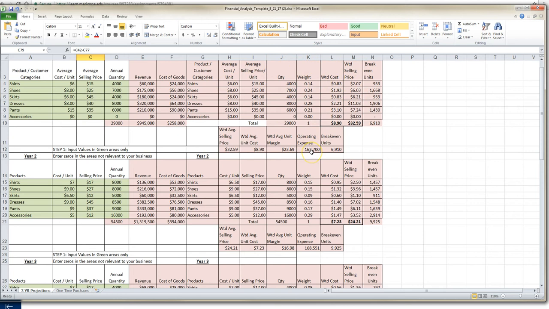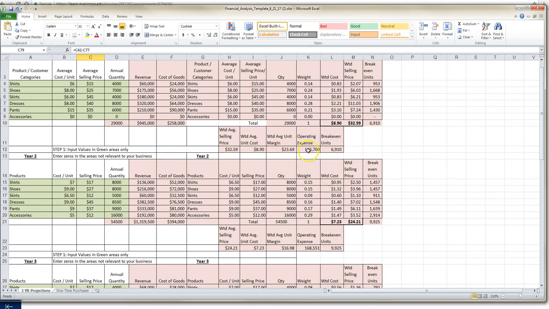This is the operating expense, and the weighted average selling price, which comes from the weighted selling price calculation up above, along with the weighted average unit cost, which was calculated up above. These two values are used to compute the weighted average unit margin.